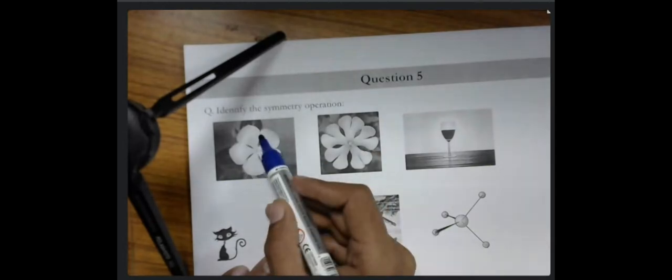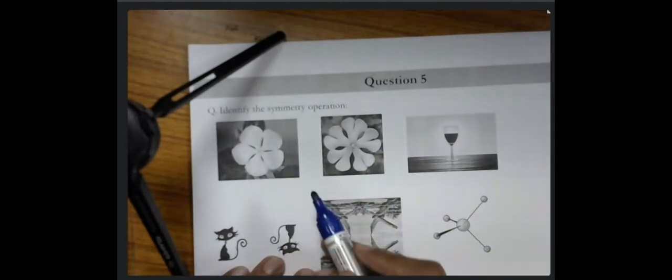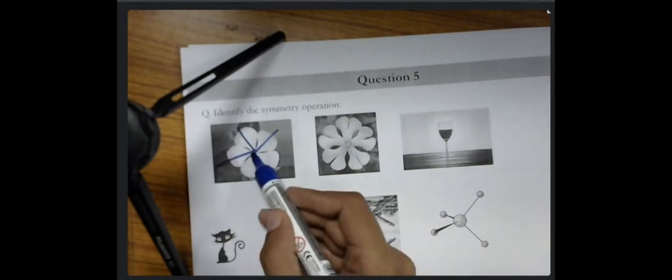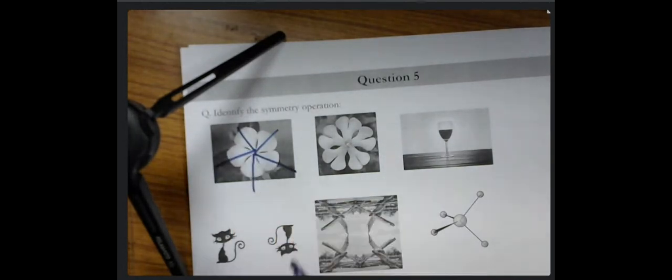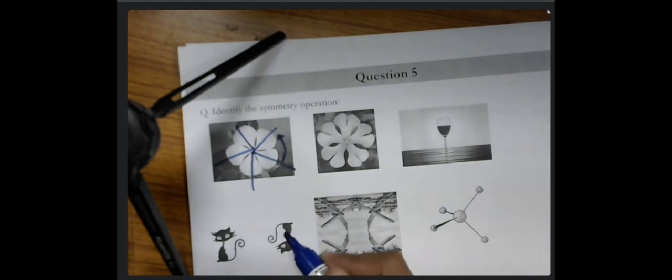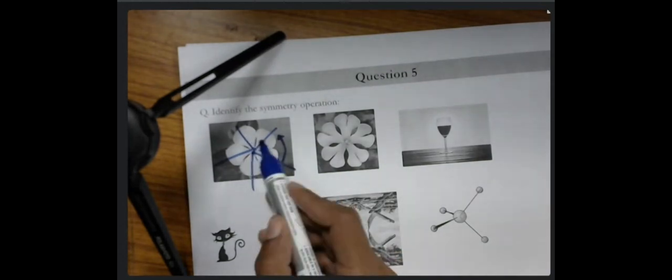In case 1, we can see that the flower is made up of these 5 things. If I rotate this entire thing about this particular vertical axis, we can see there are 5 ways we can rotate it.